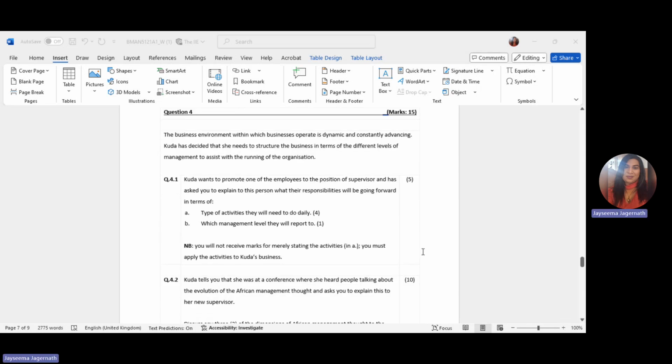Question 4 links to learning unit 4 from your guide and chapter 4 from your textbook. And things here you're going to have to remember is the different levels of management. So your lower, middle, and top management. The skills that each level uses. So remember, top management is responsible for goal setting and strategic vision, and they use conceptual skills.